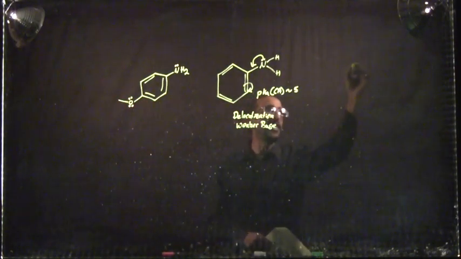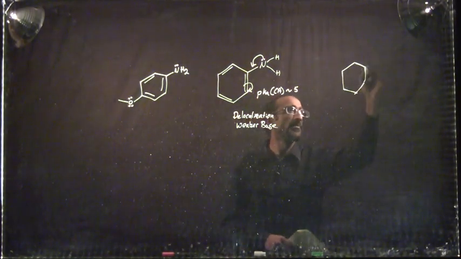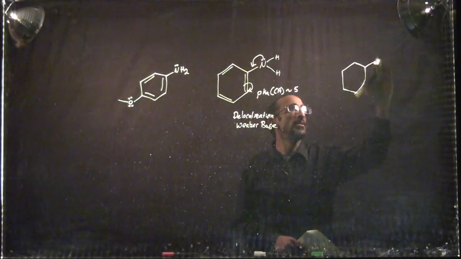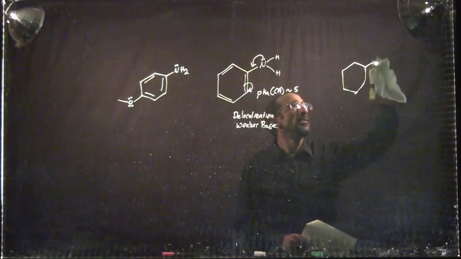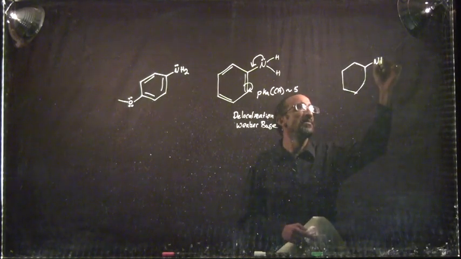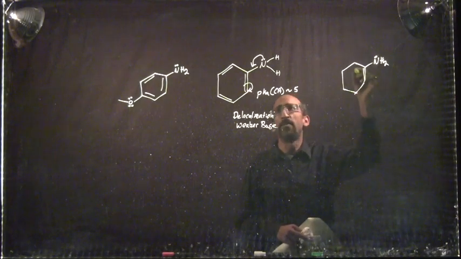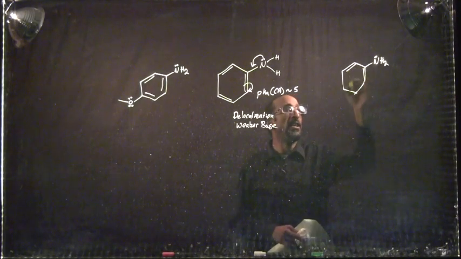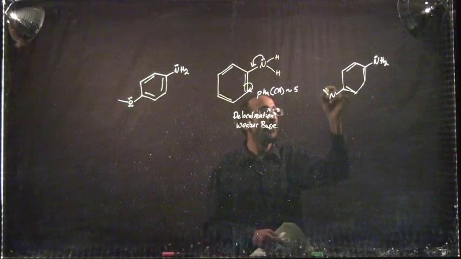We're going to take another aniline derivative. And this time, however, we're going to put an electron withdrawing group off of the ring.